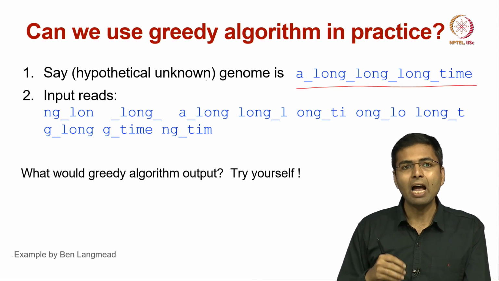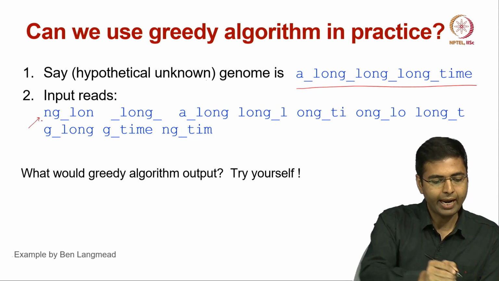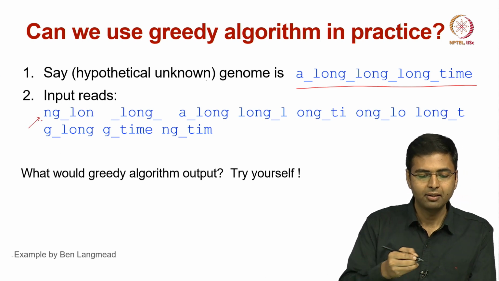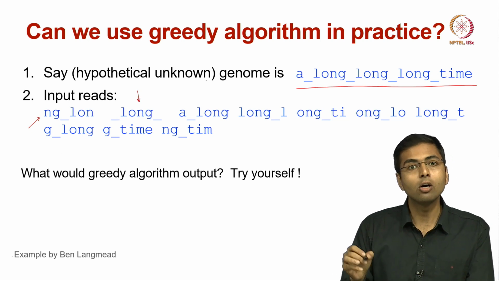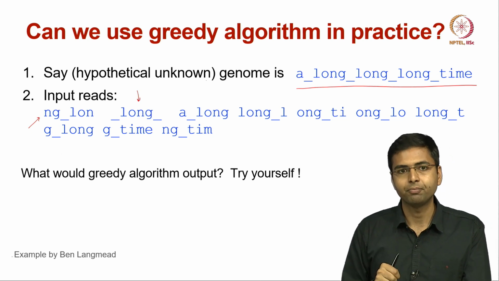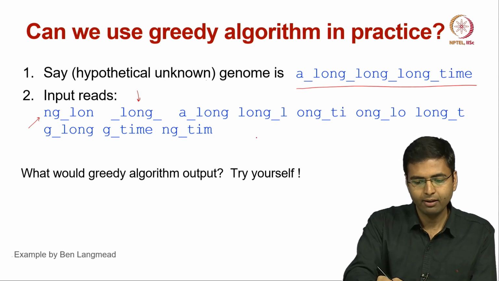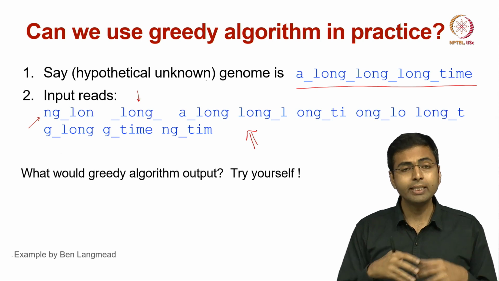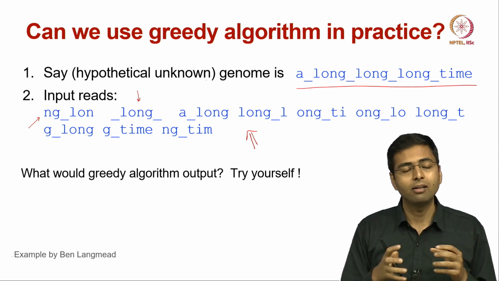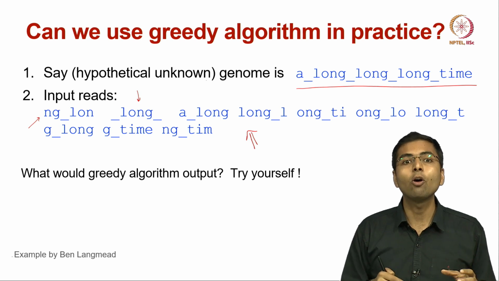Now, suppose I have input reads of length 6. So, my first input read is "ng_lon", my second input read is "_long_" and so on. So, in this case you have 10 input reads, and using these input reads we can again run the greedy algorithm and see what the greedy algorithm would output.